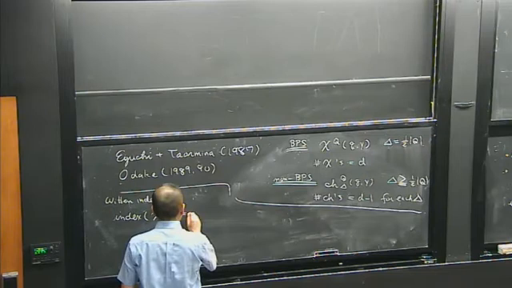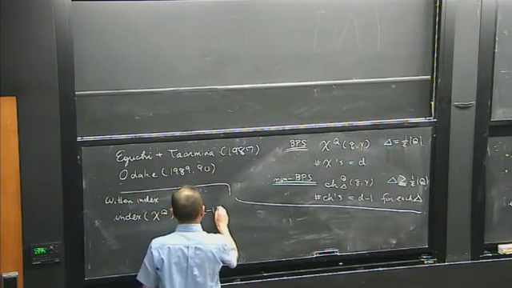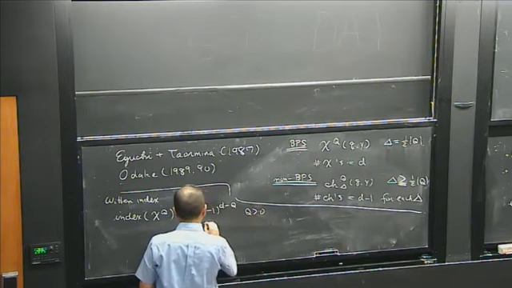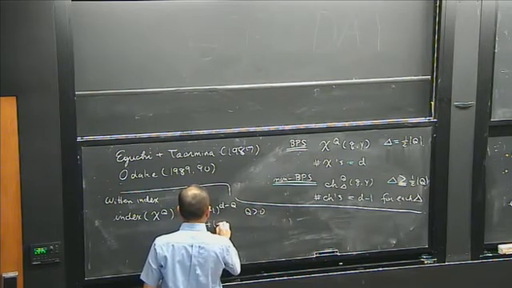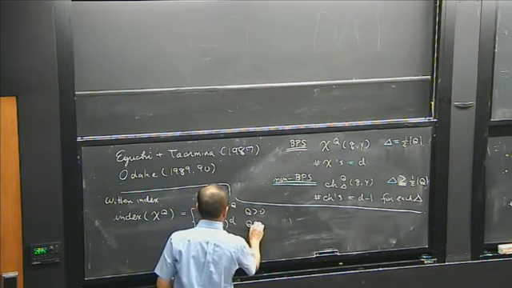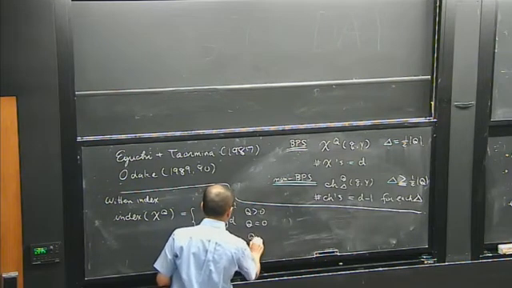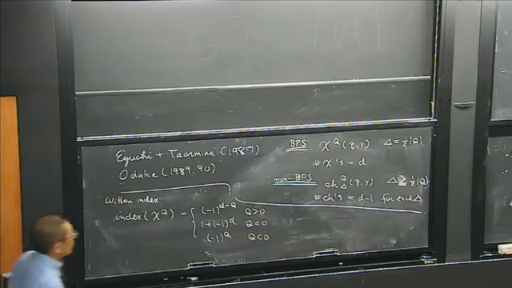And so this is equal to (-1)^(D-Q) for Q positive, 1 plus (-1)^D for Q equals 0, and (-1)^Q for Q negative. So you have a non-zero Witten index for the BPS sector.